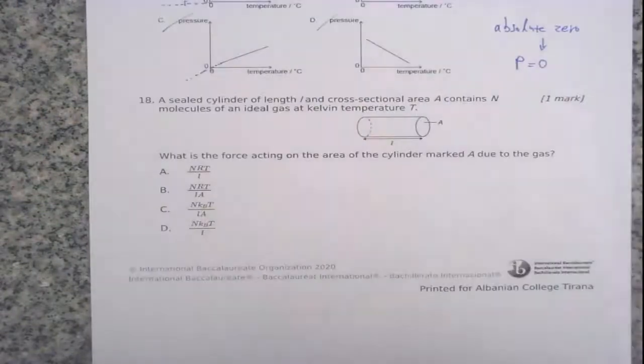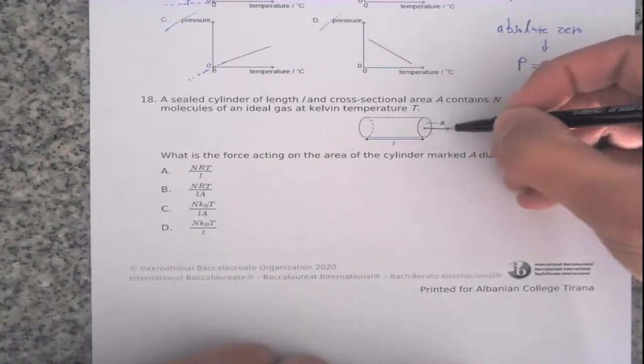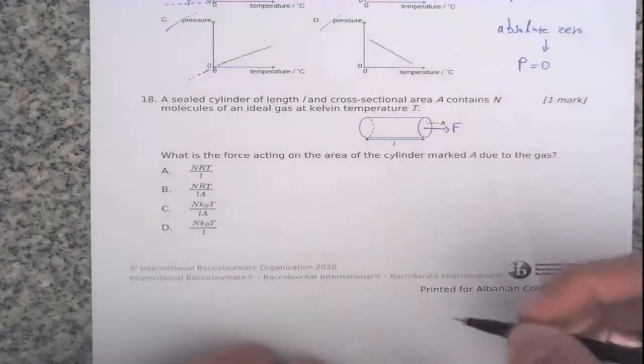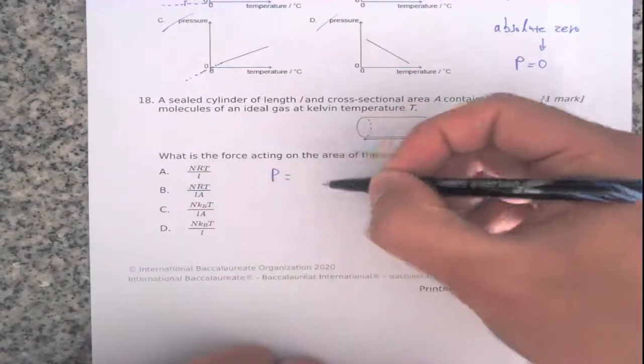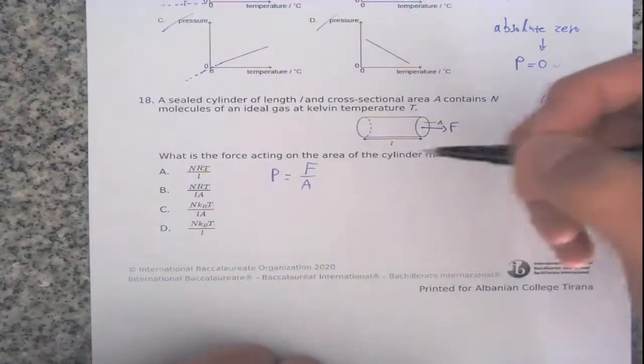And number 18, a sealed cylinder of length L and cross-sectional area A contains N molecules of an ideal gas at Kelvin temperature T. What is the force acting on the area of the cylinder marked A due to the gas? So we need to find this force. In order to do that, we know that the pressure is the force over the cross-sectional area.